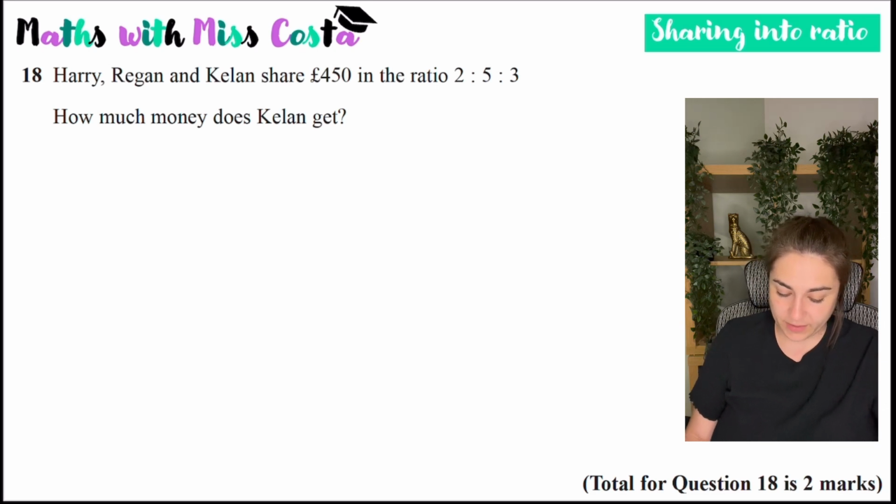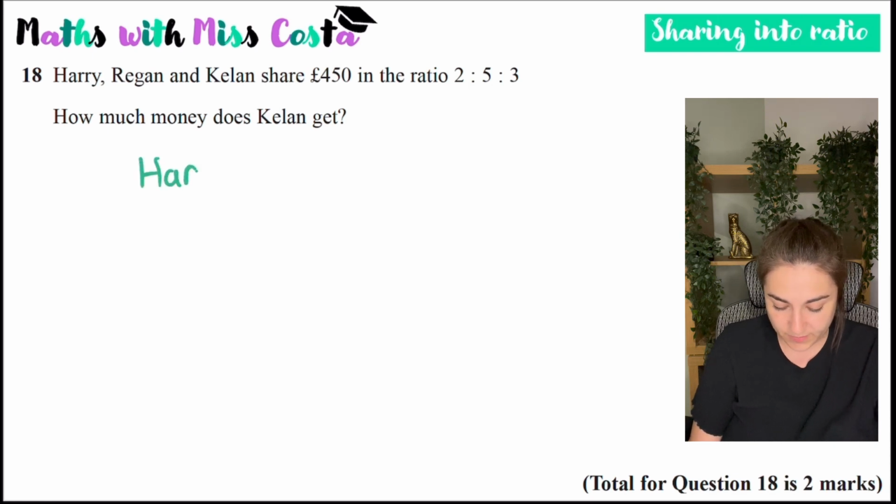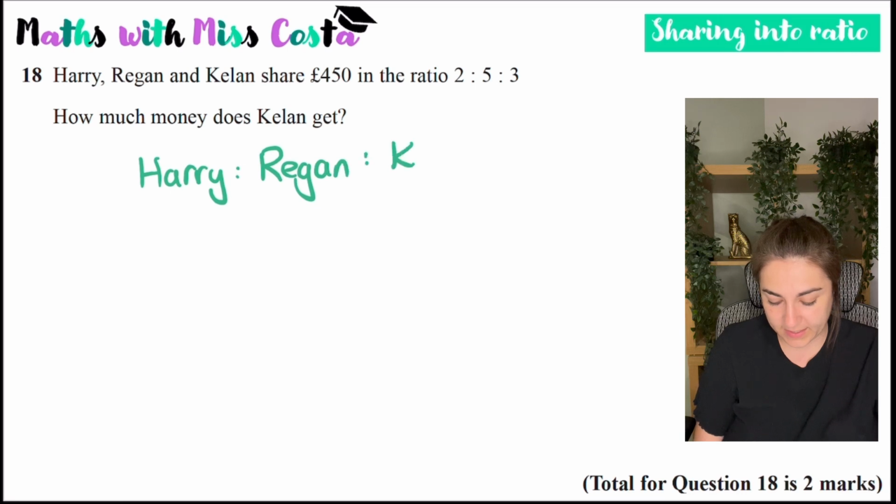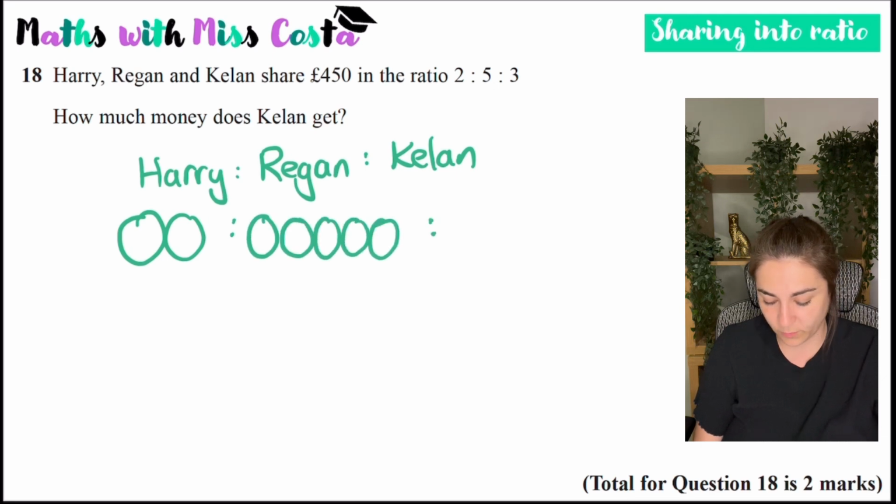Next, I'm told that Harry, Regan and Keelan share £450 in the ratio. So Harry to Regan to Keelan. They share it in the ratio 2 to 1, 2, 3, 4, 5 to 1, 2, 3.